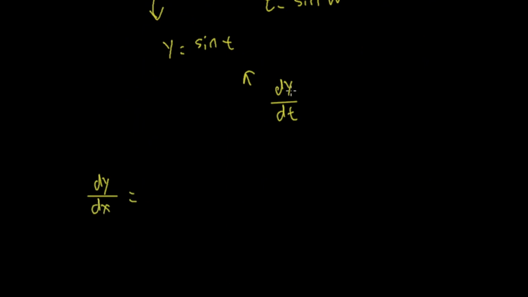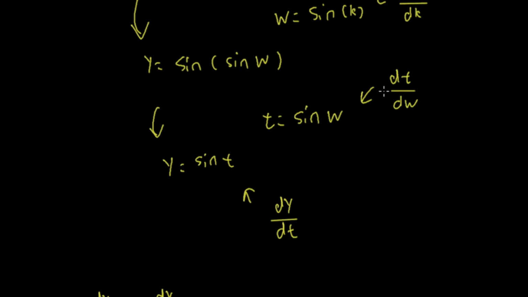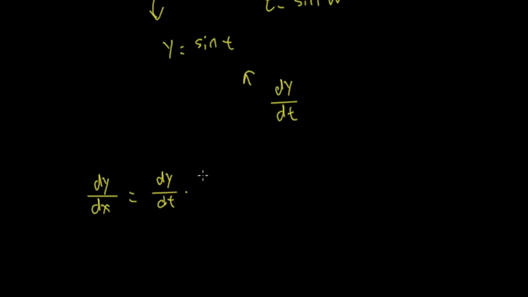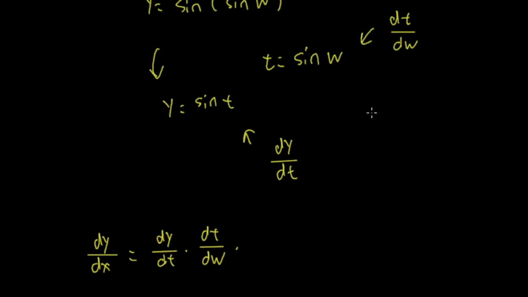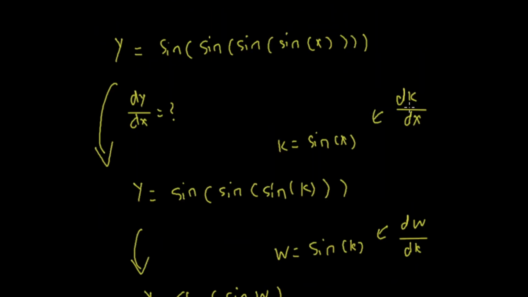That's equal to dy over dt times dt over dw times dw over dk times dk over dx.